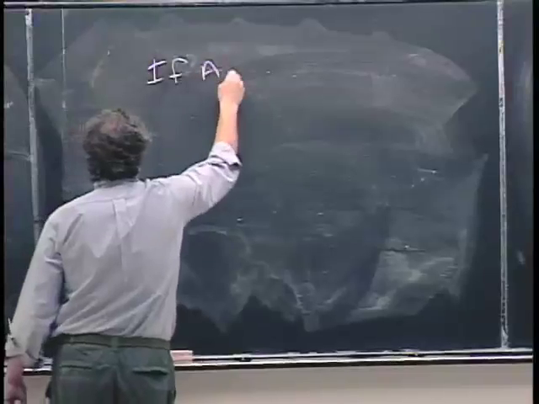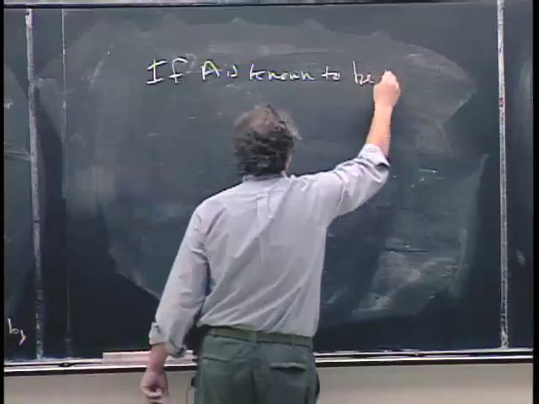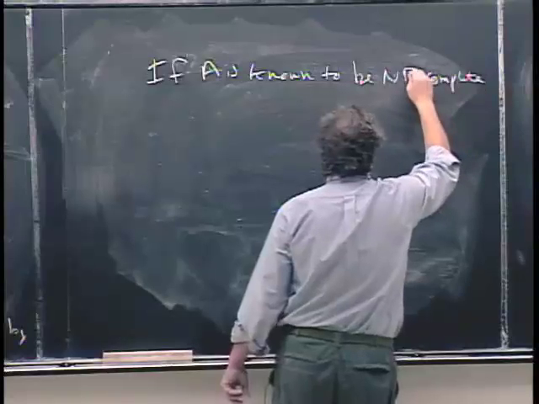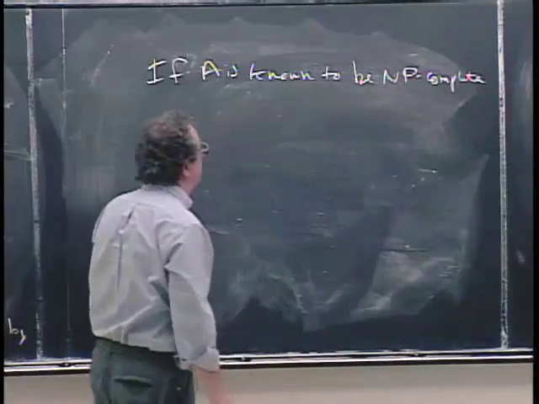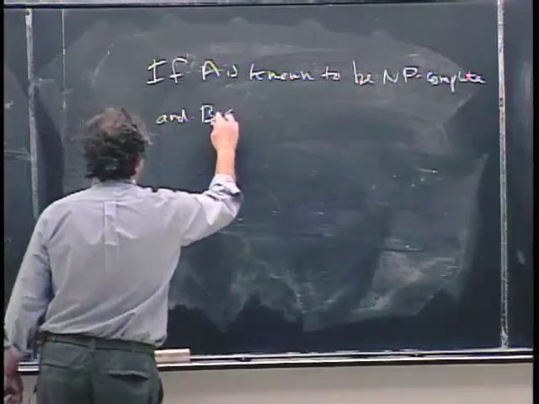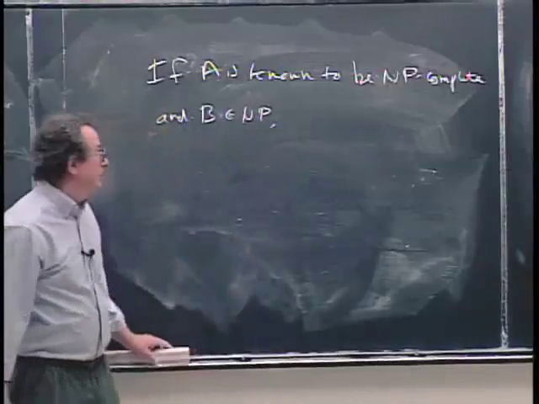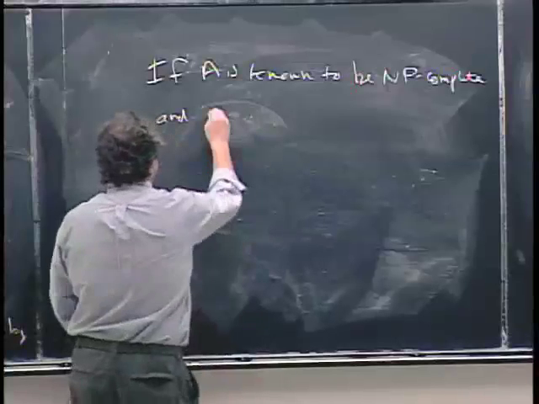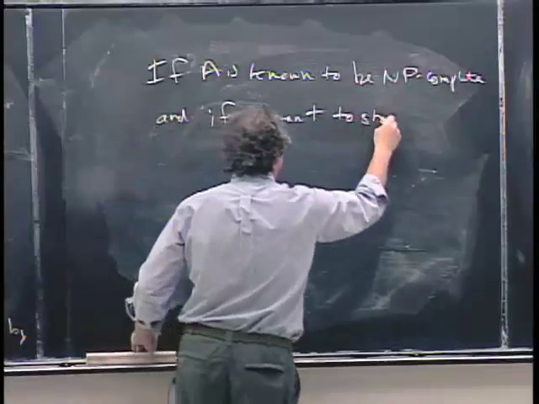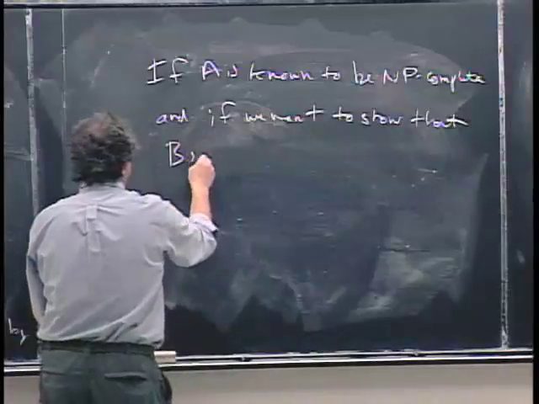If A is known to be NP-complete and B is contained in NP, we want to show that B is NP-complete.